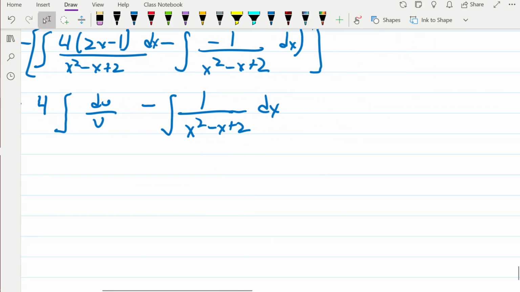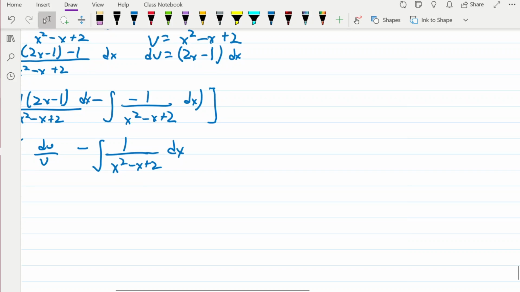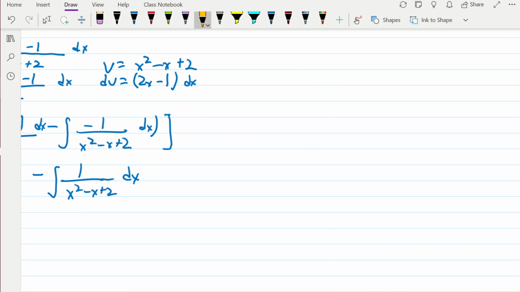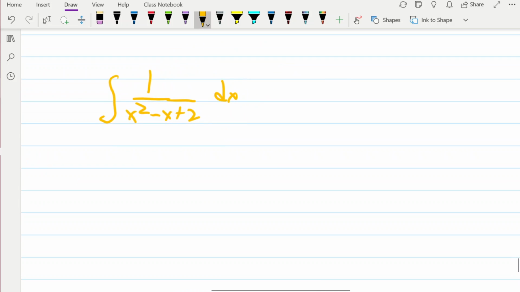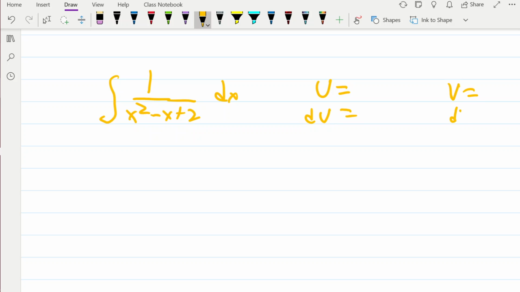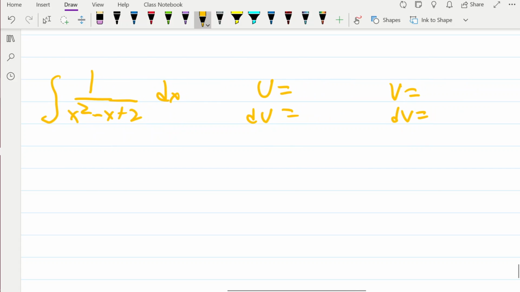So I think we'll just do partial fractions off to the side on this one. So we have the integral of 1 over x squared minus x plus 2 dx. We can set our u, du, our v, and our dv. We can set our dv equal to dx, so that we can just get x for our v.